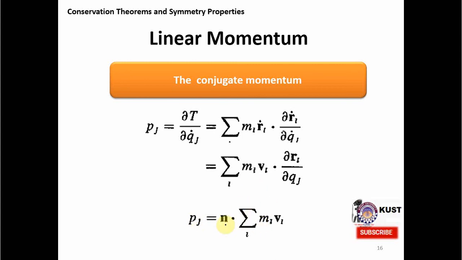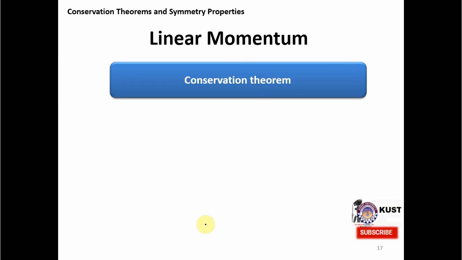So we have now derived two very important things. The first is the generalized force, which is the component of the actual force in the direction of n, and the generalized momentum, which is the component of the linear momentum in the direction of n. Then the conservation theorem says that del V by del q, which is by definition Q, the generalized force, is equal to 0.